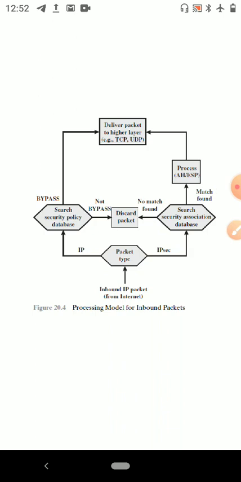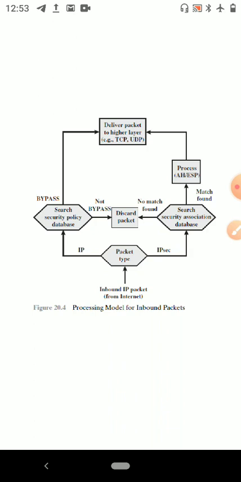If the packet is unsecured, IP security searches the SPD for a match to this packet. If the first matching entry has a policy of bypass, the IP header is processed and stripped off, and the packet body is delivered to the next higher layer such as TCP, Transmission Control Protocol.